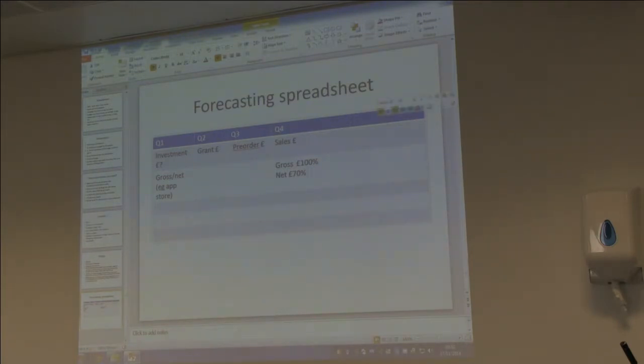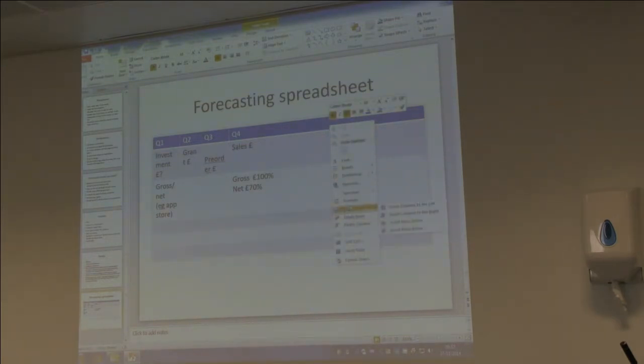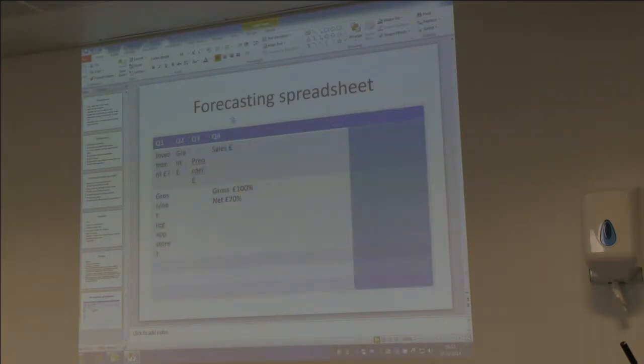Let's see. Can I insert a column? Insert column. Okay, so we're just a bit bigger. In the first quarter, you've got some investment.